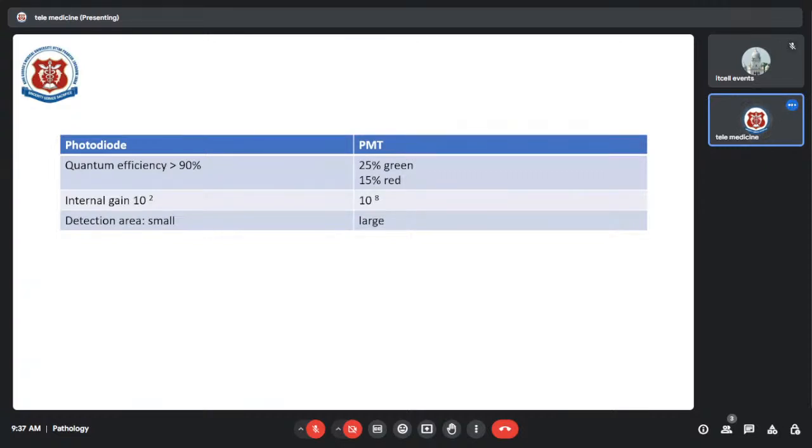The increase in the voltage is directly proportional to the signal intensity. Hence, we keep the photomultiplier tube for the side scatter at various angles. Whereas the photodiodes have a very small internal gain. That means when you increase the voltage, the signal will increase, and then it will come to a plateau and it will stop increasing.